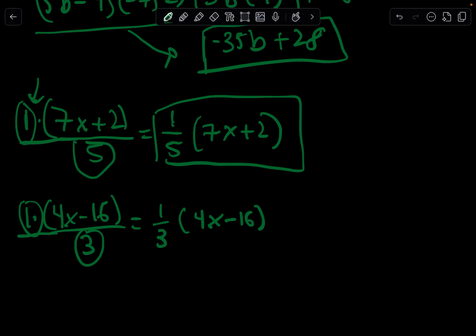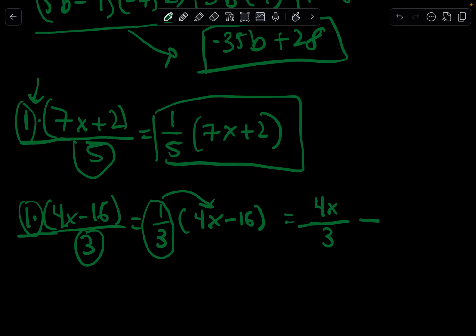And just to prove that it works, we can go ahead and multiply this by this, and that's going to equal 4x divided by 3, right? I mean, we could put a 1 here, but it doesn't change anything. 1 times 4x is still 4x, so it doesn't even matter if we put it here.